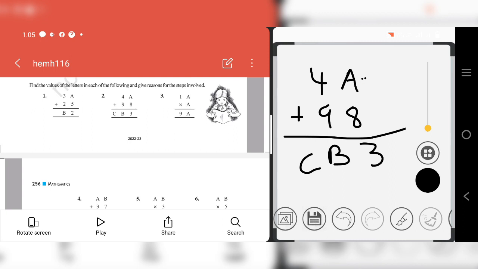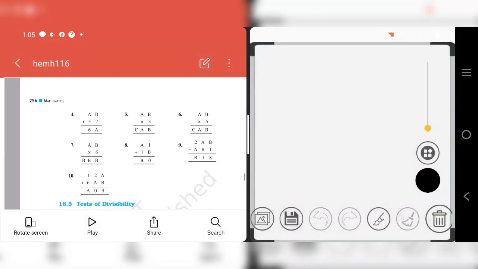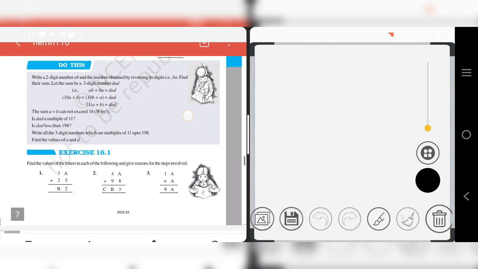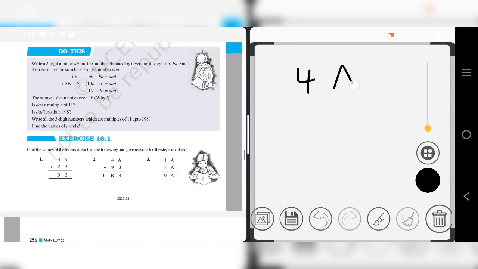If we add a and 8, a number should come whose unit digit is 3. It could be 13, 23, 33, 43 or so on. But let's take the least number, that is 13.